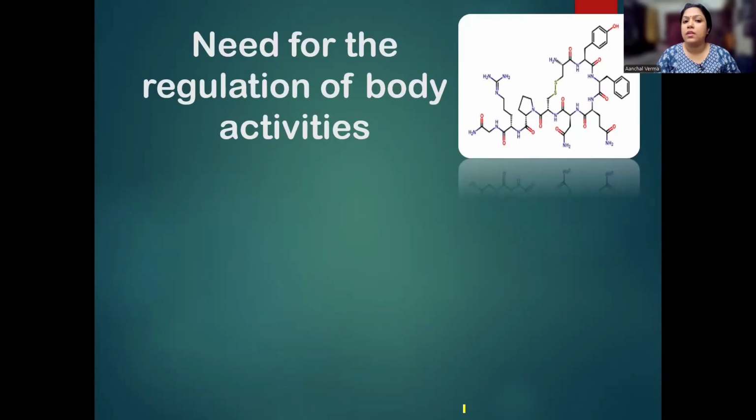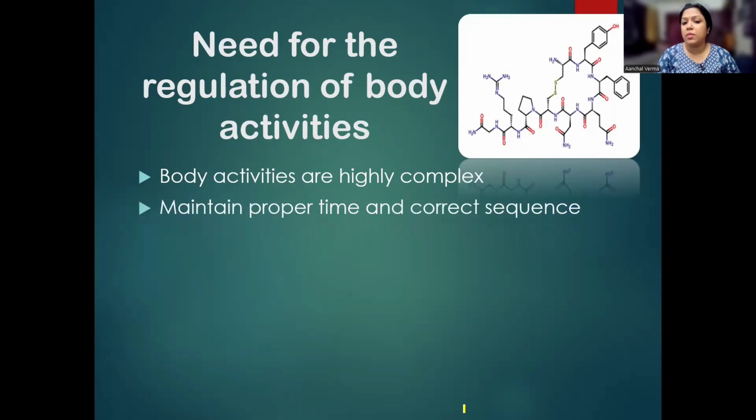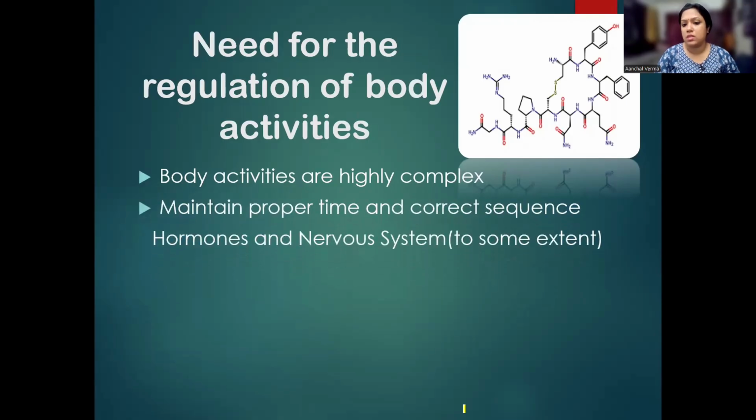So why do we need the regulation of the body activities? Now, human beings, or animals, are very complex, right? They have to maintain proper time and correct sequence in your body, what should happen at what time in the growth phase. For example, there is a certain time when you attain puberty. There's a certain time when the body organs should be mature enough to deal with the conditions around, right?